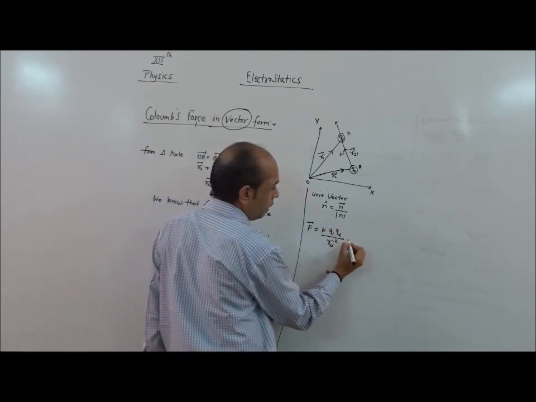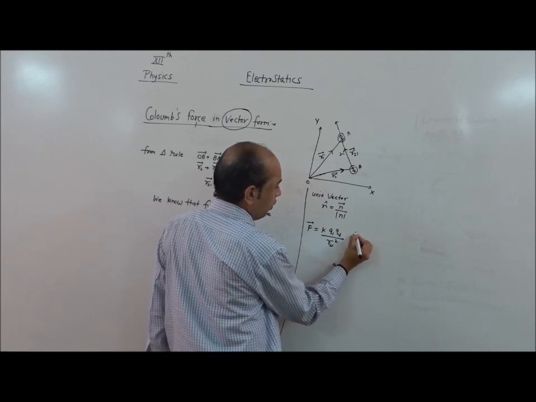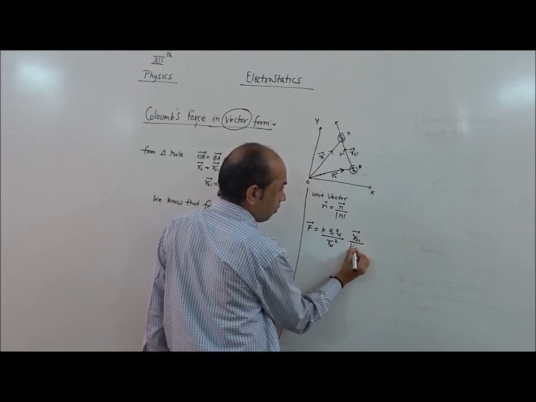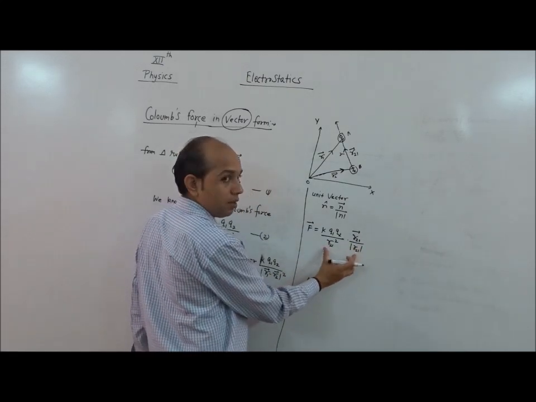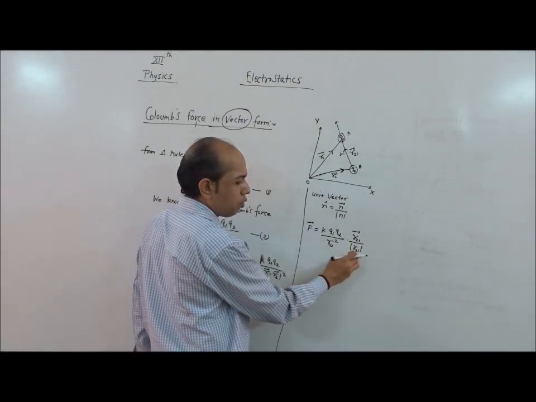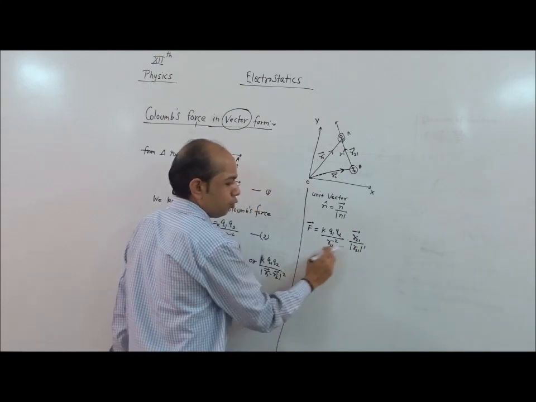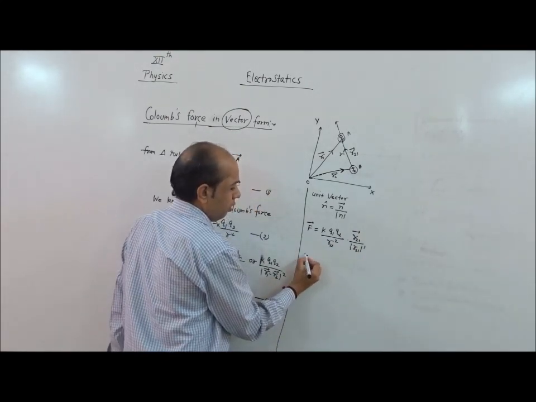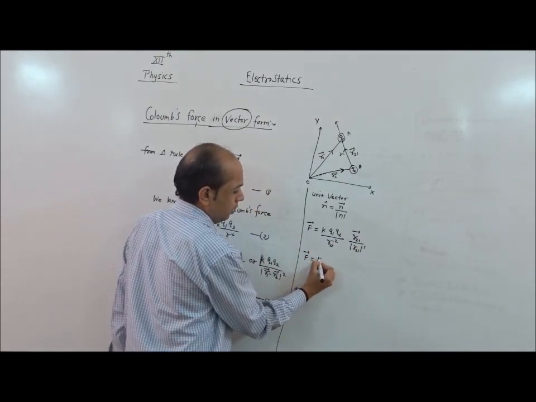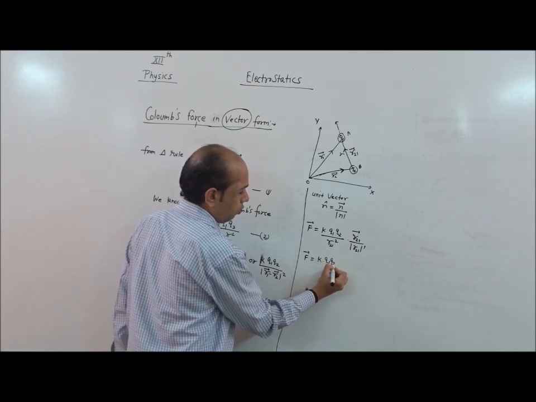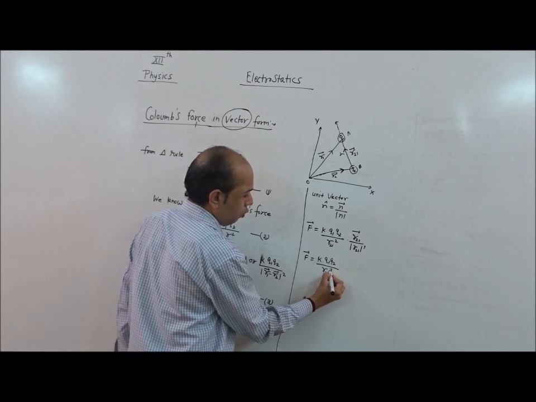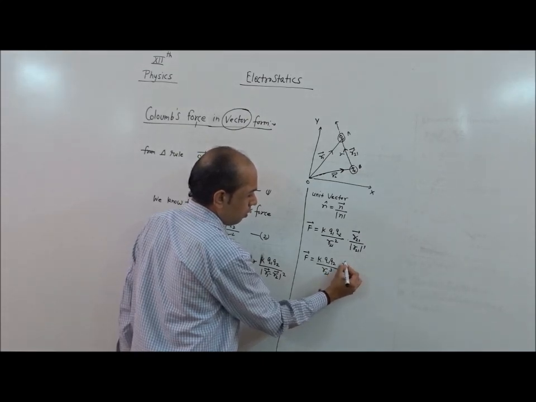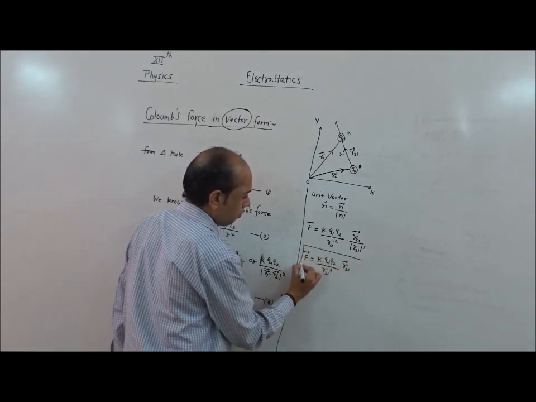This cap is R21 vector upon R21. So R21 square and R21 with power 1 makes it cube here. So F is also written as K Q1 Q2 upon R21 cube with R21 vector.